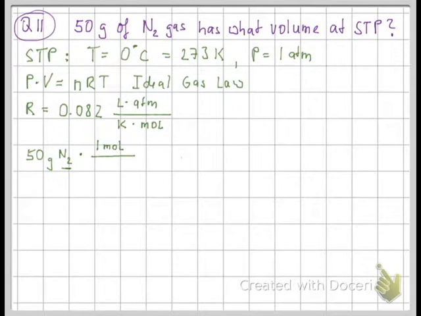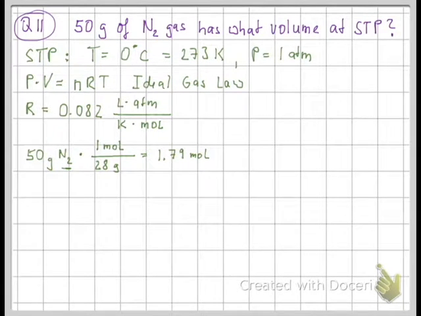So we have to double the molar mass for nitrogen, which is 14. But because it's N2, we have 28 grams. So 50 divided by 28 equals 1.79. I'm going beyond sig figs here. 1.79 moles. We'll reduce that towards the end once we're done with the calculations.